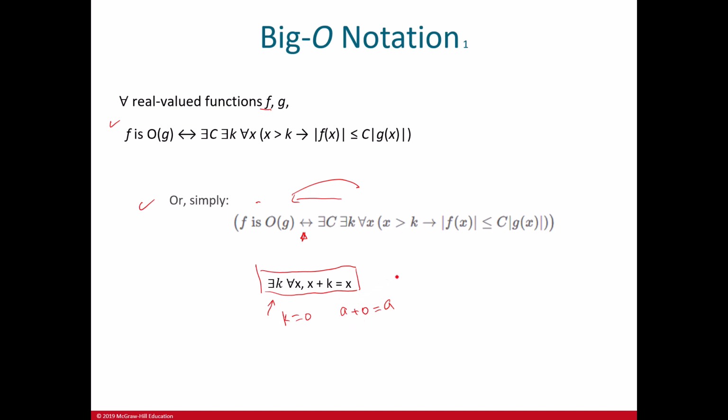So what this statement really says is that we are talking about 0, the identity element. Anything plus that element k, in this case 0, is that thing. So how we answer that is we just pick a value. We say this holds for at least one value, in this case 0.